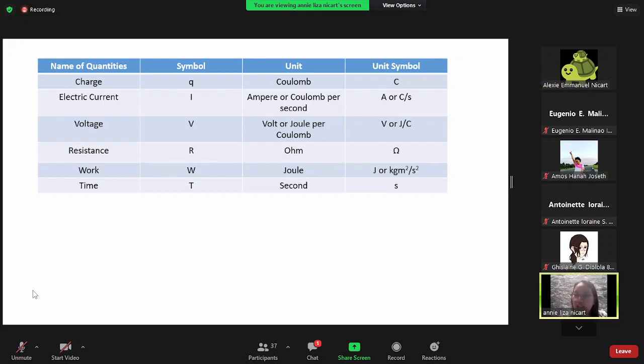Again, for there to be current, there must be voltage. So for connecting wires, you need two wires, the positive and negative.